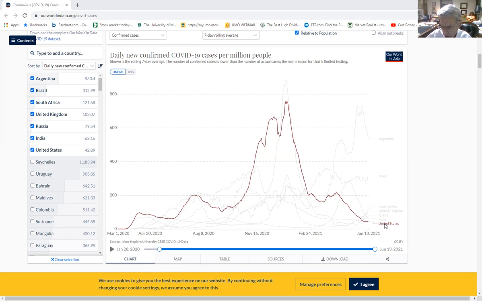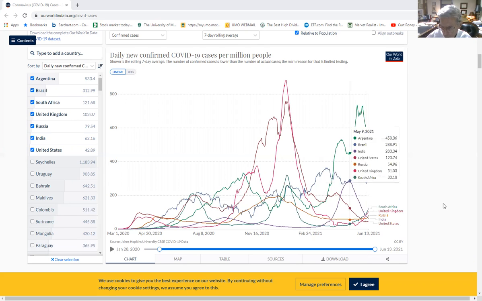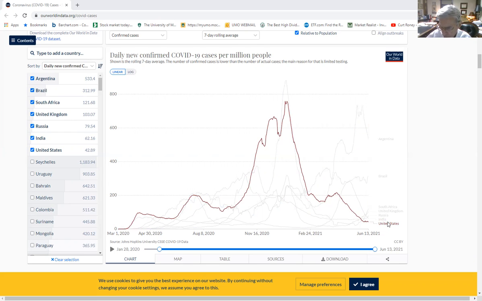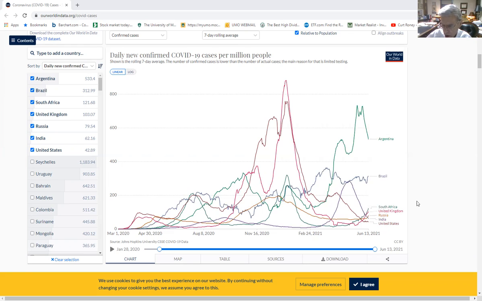You can see that since February, things have gotten much better. There is a possibility that in the fall, we will see another surge from a variant, a new variation of the virus.